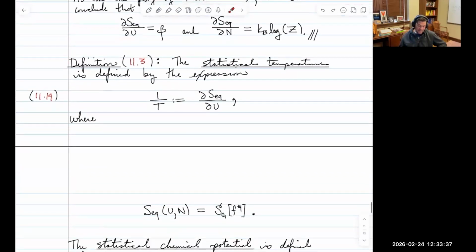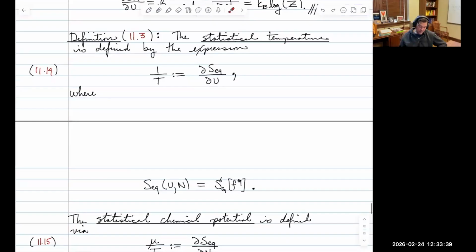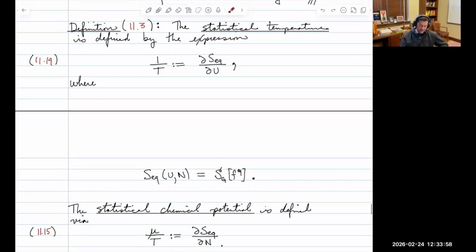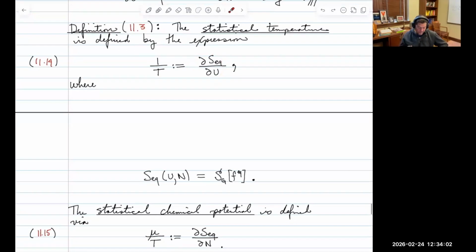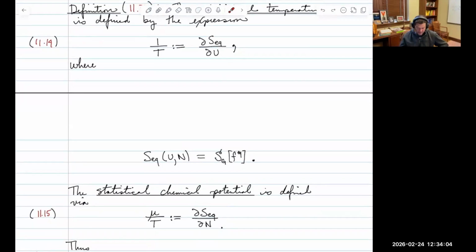This allows me, in analogy with what I did before, to define the statistical temperature. And that's because the statistical temperature should be the same as in the classical case. We had an expression for equilibrium, and I said that when we take the derivative of that with respect to u, we're going to call that 1 over the temperature. So the temperature is just 1 over this derivative. The equilibrium entropy, of course, is defined as usual.